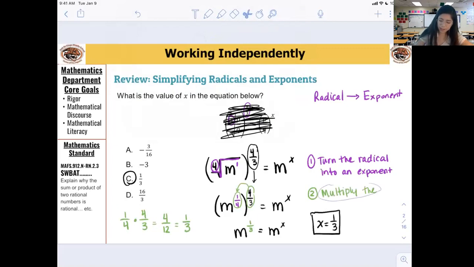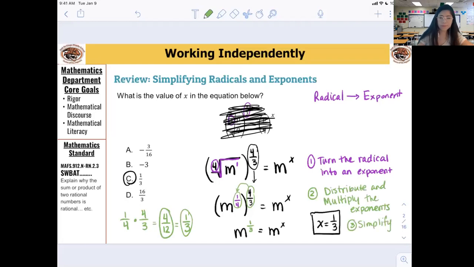Let me fix that. So distribute and multiply the exponents. And then the only thing I really had to do in the end was to simplify. And it's really just those two steps.